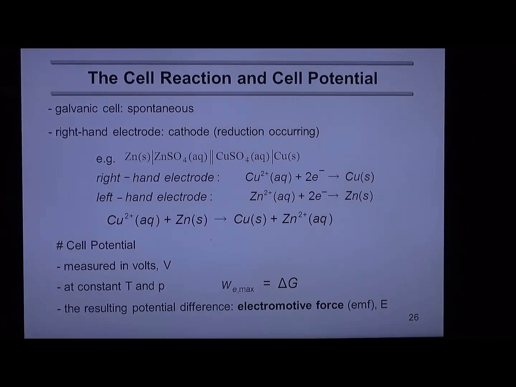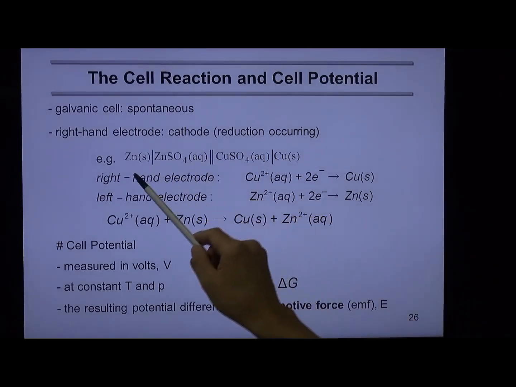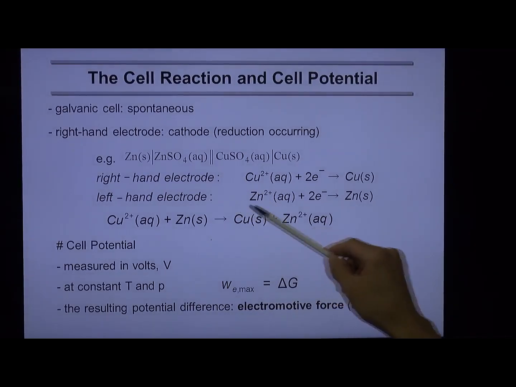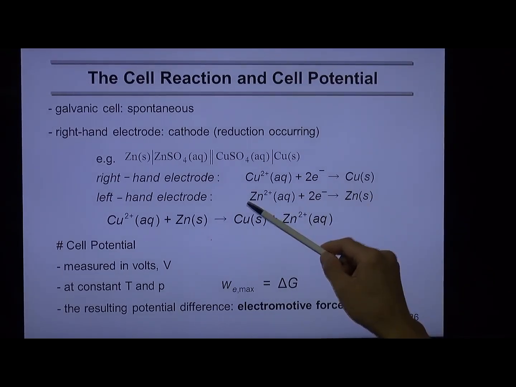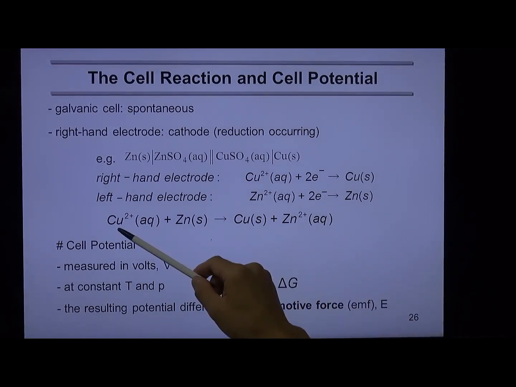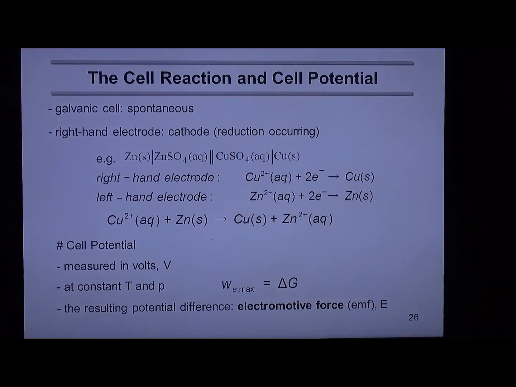And since on the cathode reduction occurs and on the anode oxidation should occur, simply what you do is you subtract these two. You subtract this half reaction from the first reaction. Then you get this. This is the redox reaction which occurs in this electrochemical cell.